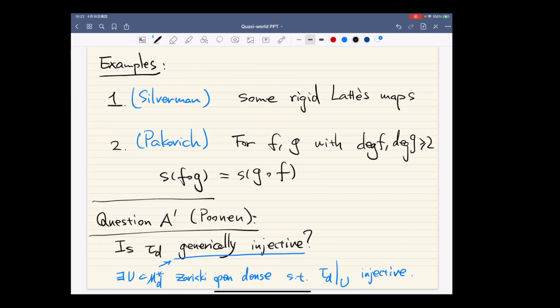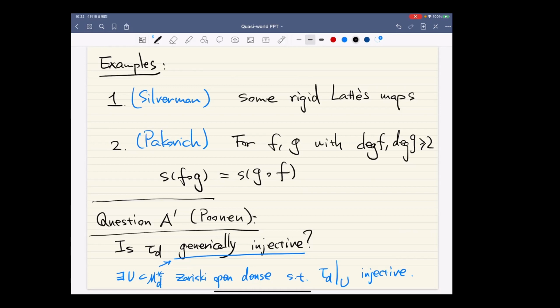And so this gives an example where the multiplier spectra are the same, but the maps are not the same in the moduli space. And another type of example is given by Ramadas and Silversmith, and the construction is very simple. You just look at f, g, two rational self-maps of degree at least 2.